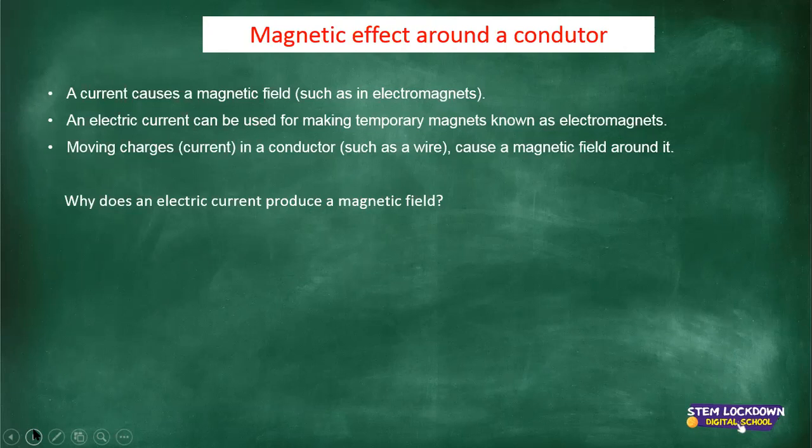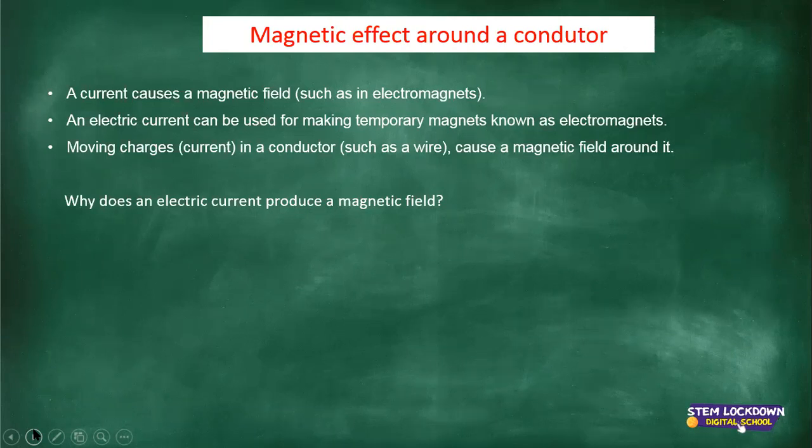You must understand this: the electric current makes the magnet temporary, so it becomes an electromagnet. The moving charges, which is the current in a conductor such as a wire, cause a magnetic field around it.